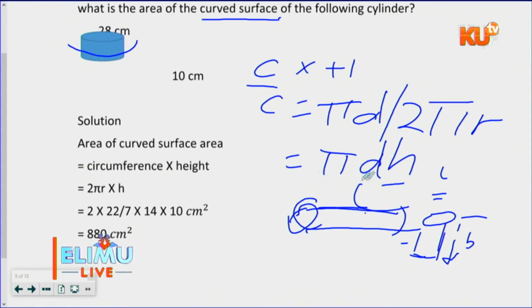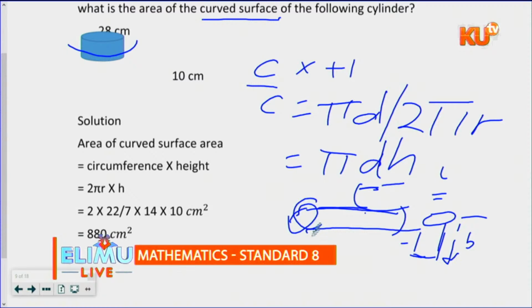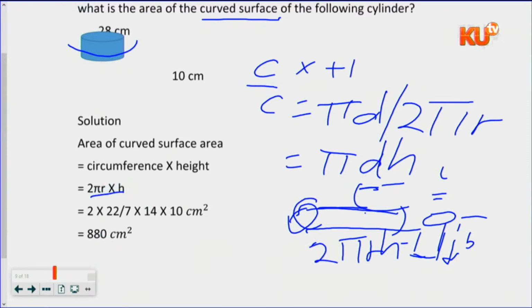So we make a simple change in this formula and say it equals 2 pi r h, as we have used here, because circumference is given by two formulas.